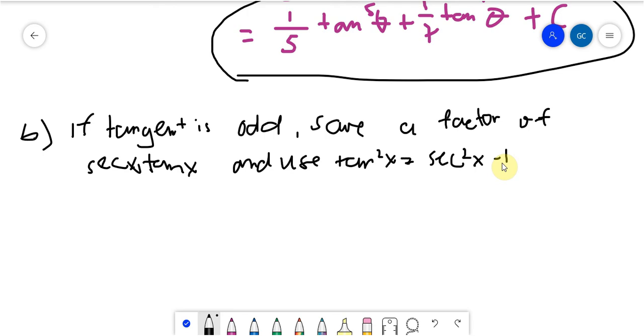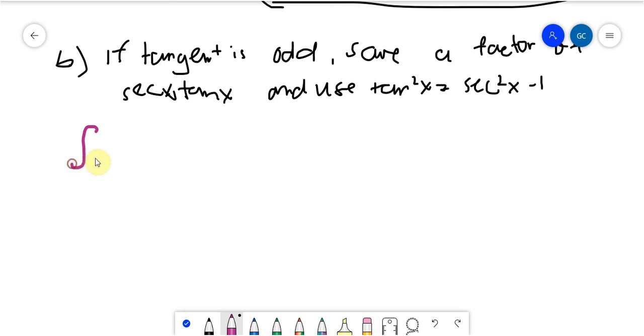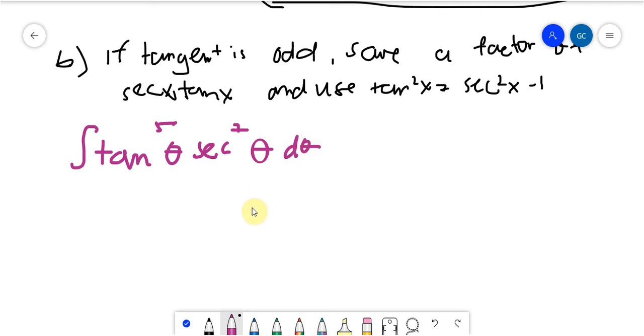So I have here the integral of tangent to the 5th theta secant to the 7th theta d theta. Okay, so the condition: if tangent is odd, save a factor of secant x tangent x, and use tangent squared x is equal to secant squared x minus 1.